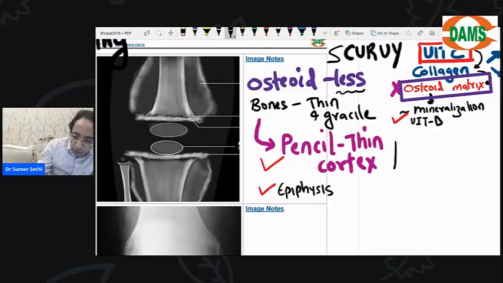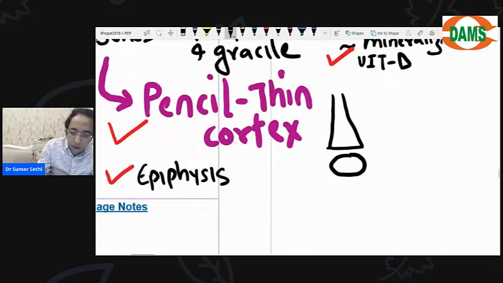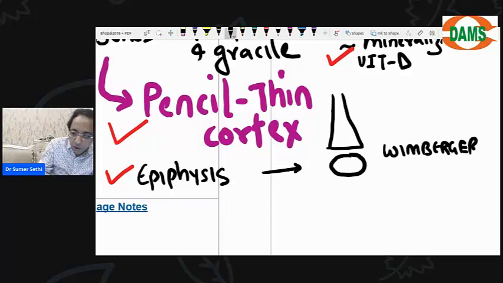So bones will be thin, only the cortex will be visible, and in epiphysis, only the margin will be visible, which will look like a ring. After the name of the person who described it, we will call it Wimberger's ring.